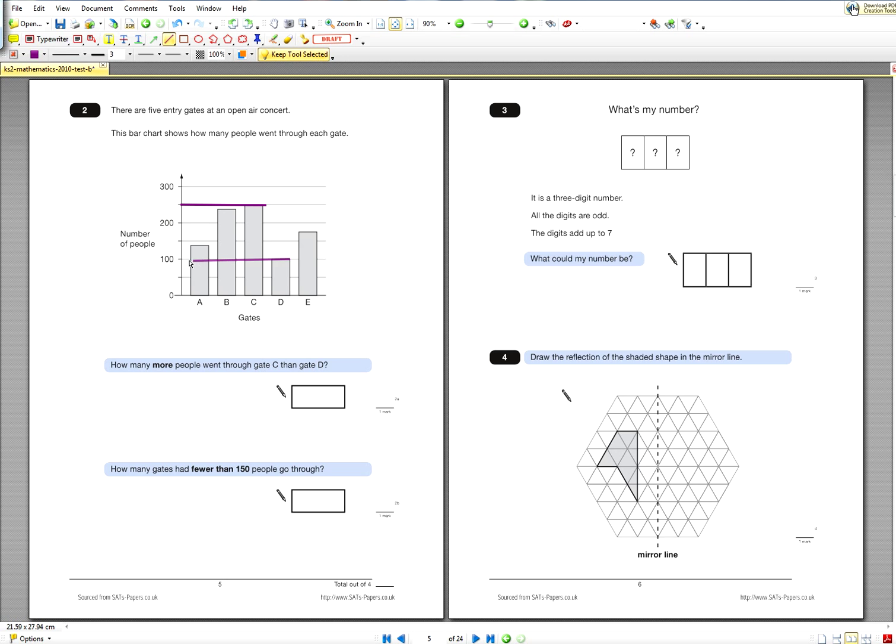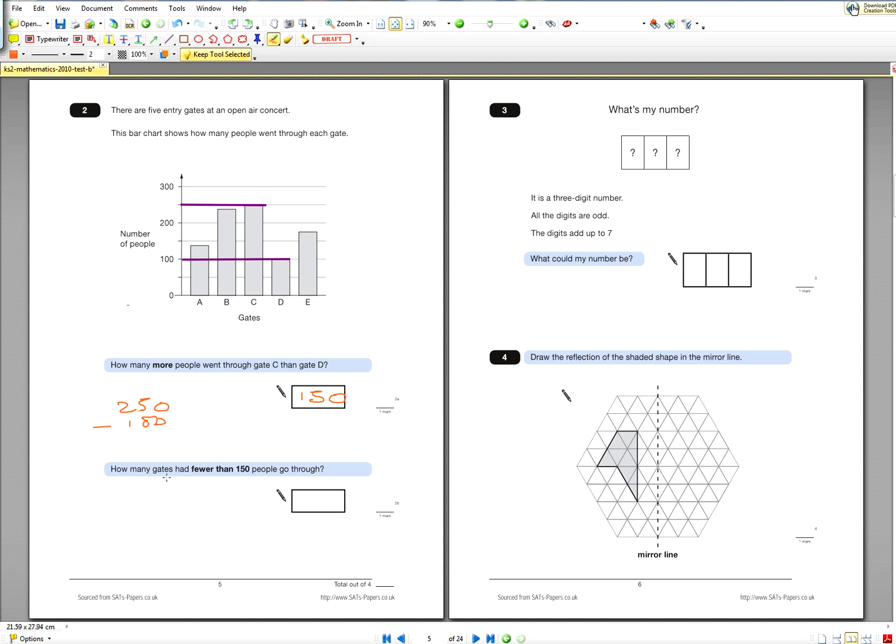So we got those 2 points over there. Now, what values do we have? 250 and 100. So 250 minus 100 will give us a total of 150.